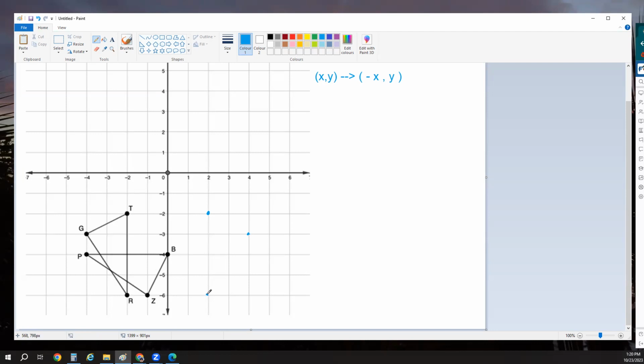That is a pretty simple reflection. Go ahead and connect these dots.